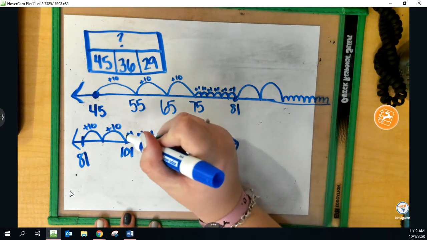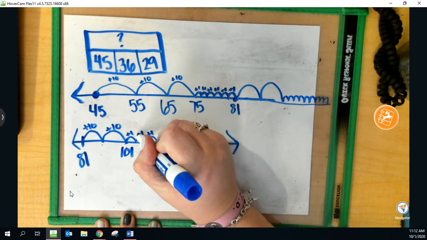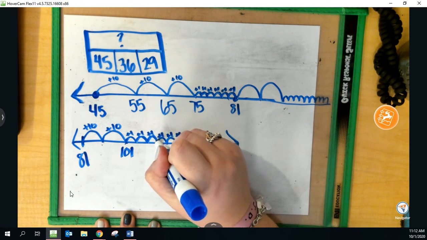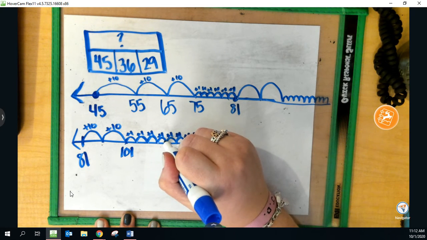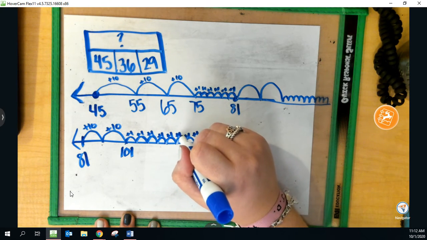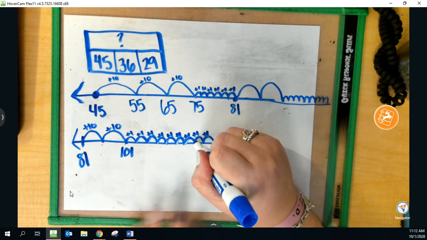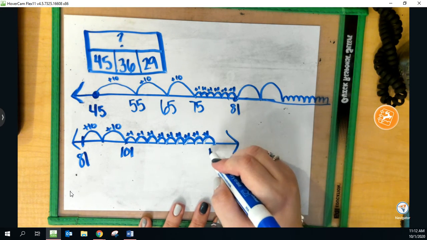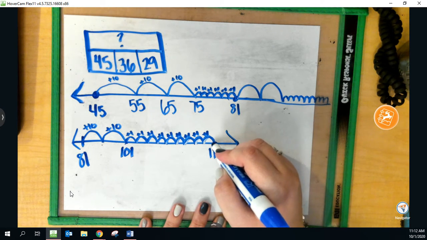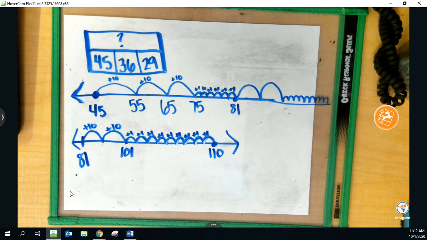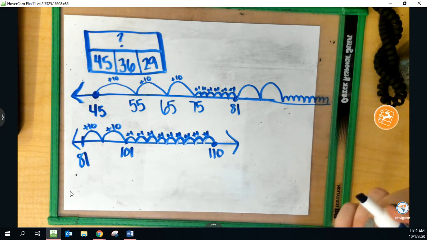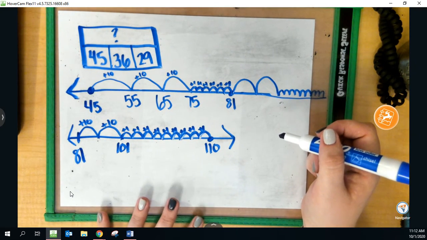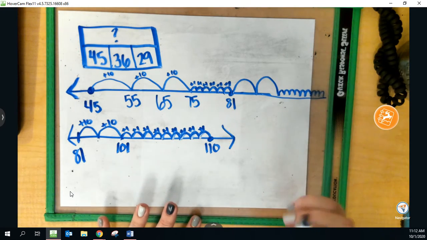Now I'm going to count by ones. 102, 103, and so on up to 110. So my total is 110. Okay, so I got that by looking at my number line.